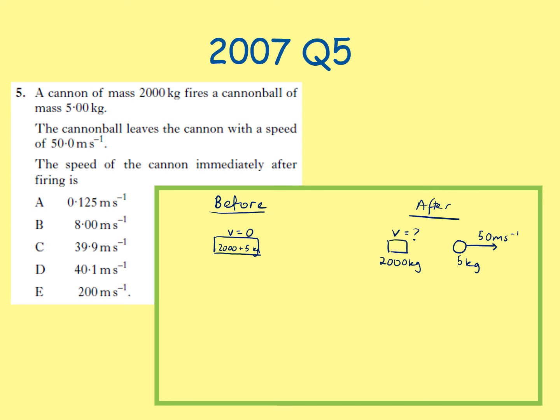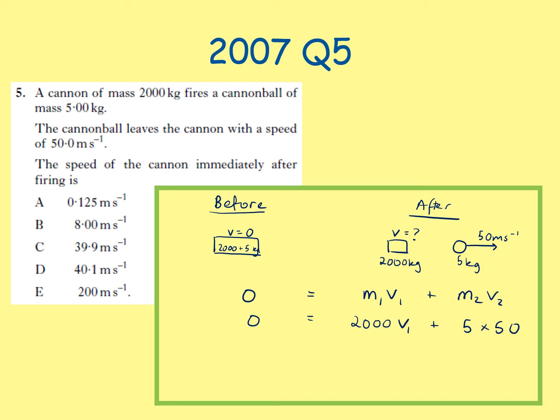So this side of the equation is going to equal 0 because our m1 v1 is going to be 0 because our v is 0. Therefore we have m1 v1 plus m2 v2 just there. So 0 is 2,000 times v1, then that's 5 times 50.